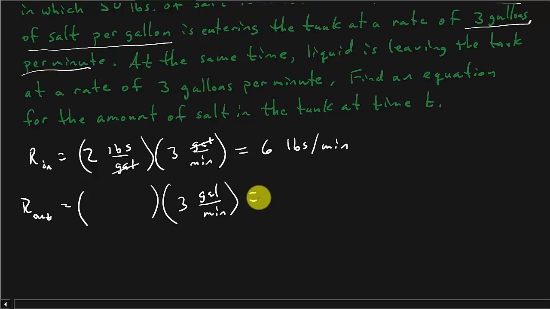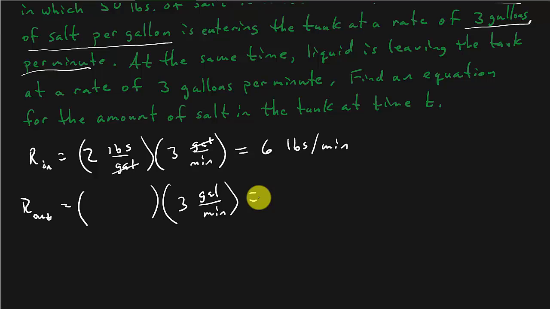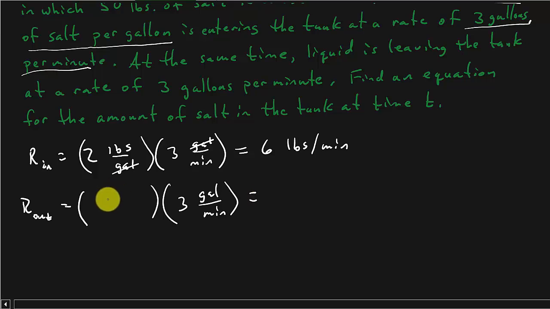Now, what do we know? The amount of salt in the tank at any time t is going to be the amount of salt divided by the number of gallons in the tank, which is 300.